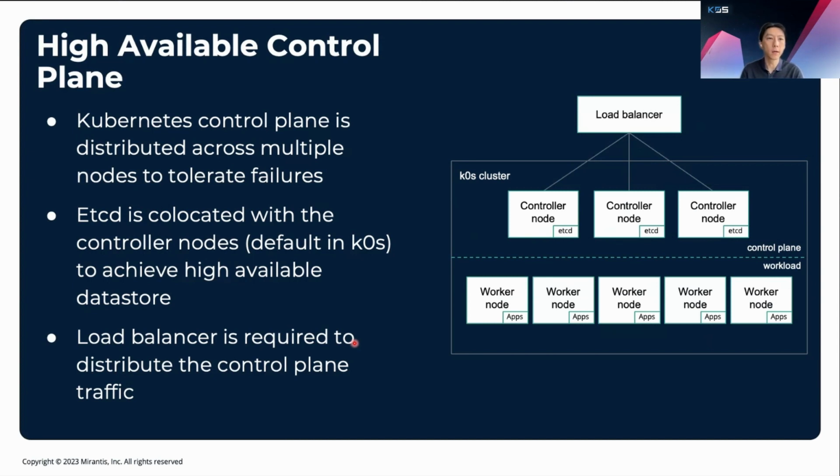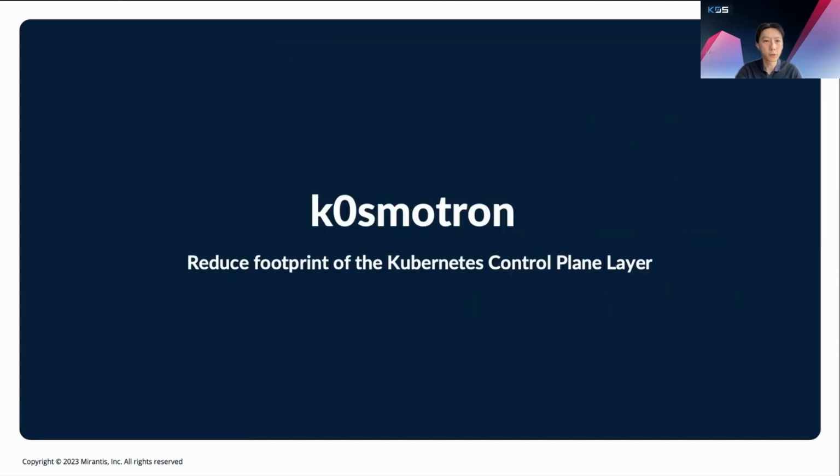Multi-nodes, load balancing, etcd is co-located with each of the nodes, and then you set it up for a high availability data store. But then we've actually made it simpler for you using a new solution that we released just last year called k0smotron. So k0smotron reduces the footprint of your Kubernetes control plane layer.